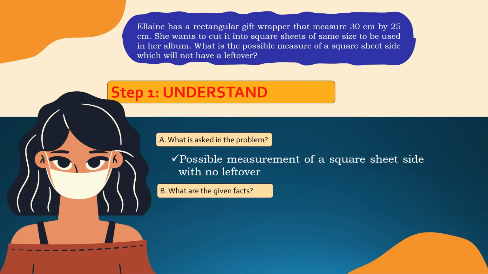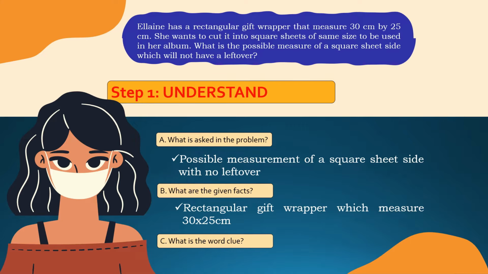Next are the given facts or the important numbers to solve the problem. We have rectangular gift wrapper which measures 30 centimeter by 25 centimeter. Next is to identify the phrase or the word clue. So in this case, we have cut it into square sheets of same size with no leftovers.